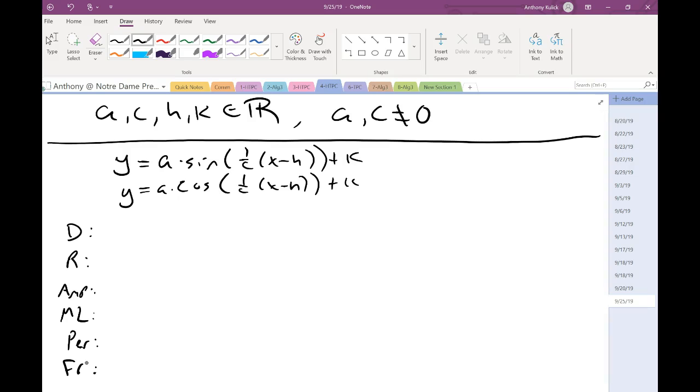So for sine and cosine, the domain was the same, right? It was all real numbers for both situations. If I shift my graph left or right or up or down, is that going to change the domain? No. What if I reflect it across an x or y axis? Would that change it? No. What if I stretched it or shrank it either vertically or horizontally? No. So guess what? The domain is going to stay the same.